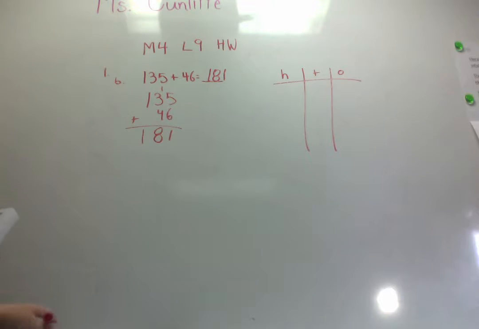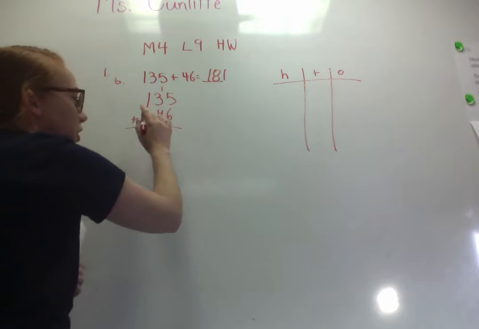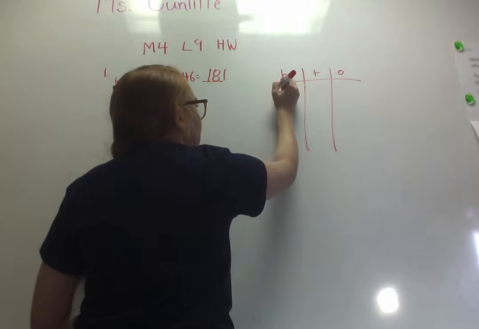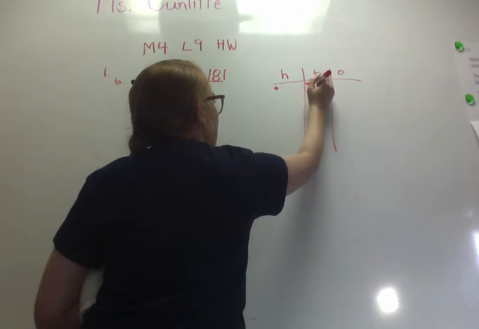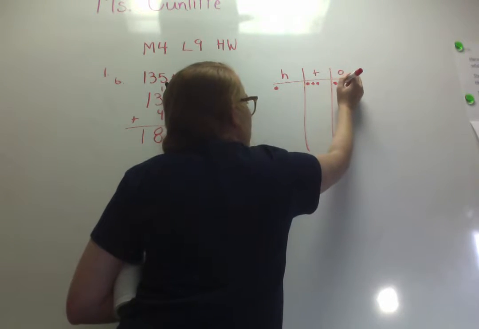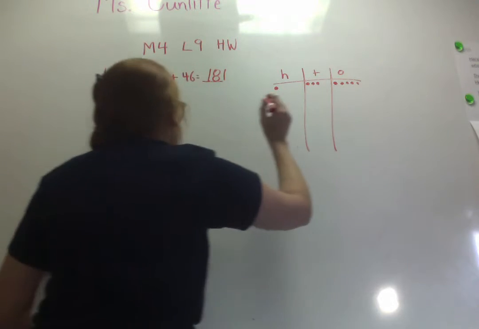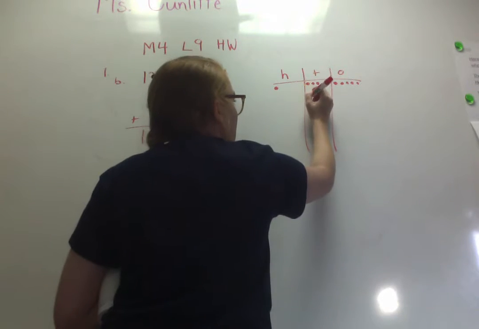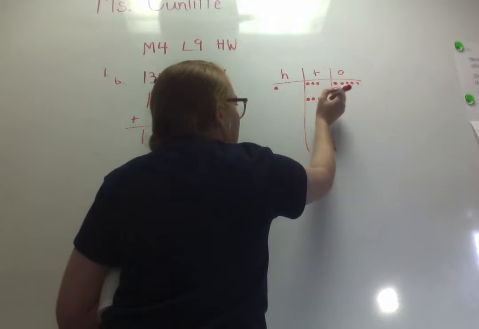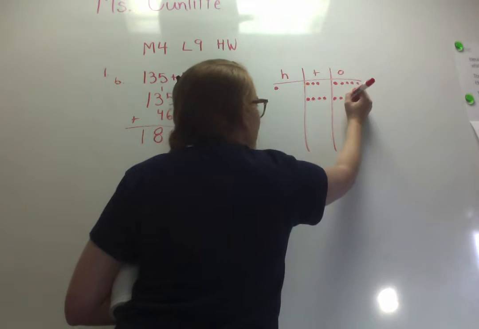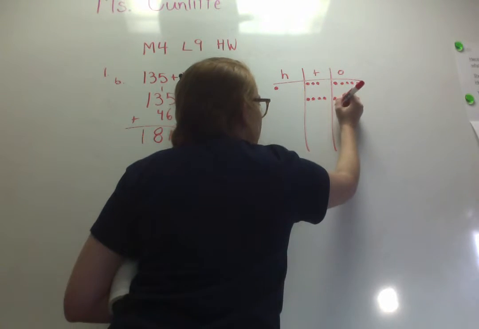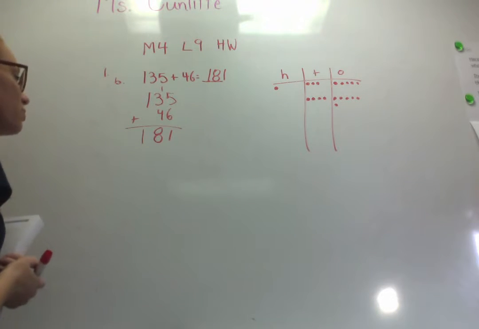Now we have to draw. We cannot forget to draw. We're going to first draw the number 135. 1 in the hundreds, 3 in the tens, 5 in the ones. Now we're going to draw 46. 4 in the tens, 6 in the ones. I think we have too many ones again.